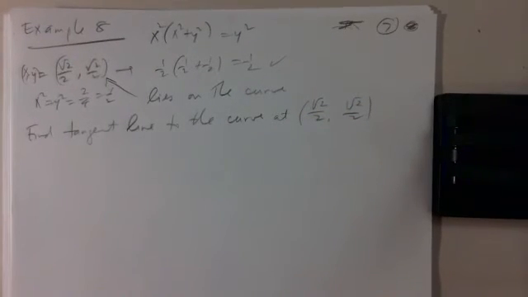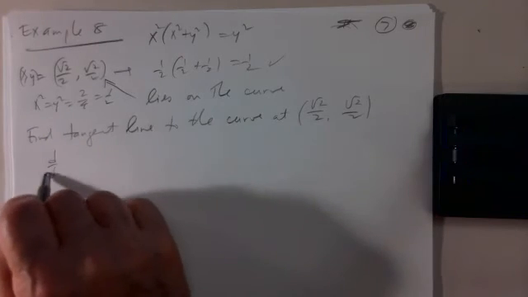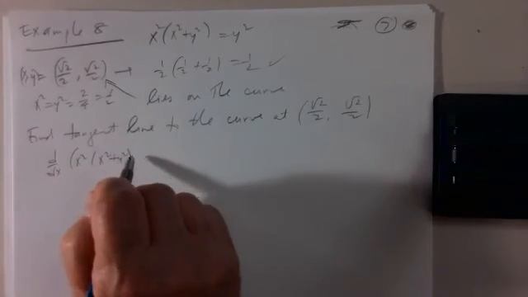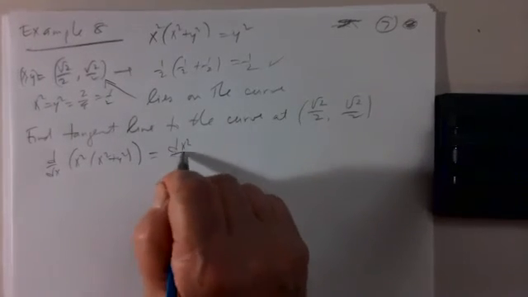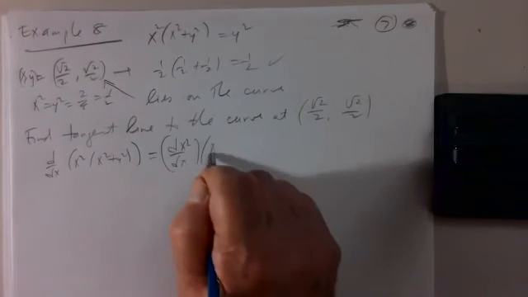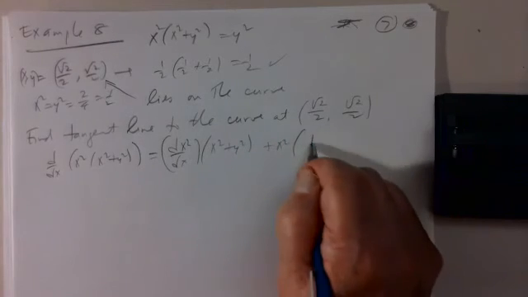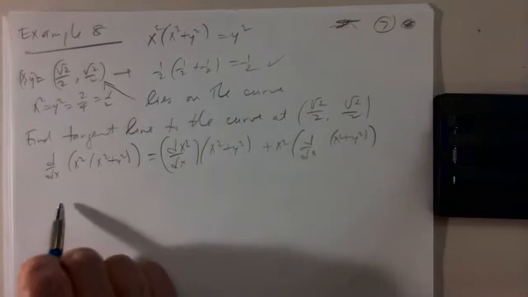So we have to find dy dx. So if we differentiate the left-hand side, by the product rule, that's the derivative of x squared times x squared plus y squared plus x squared times the derivative of x squared plus y squared.